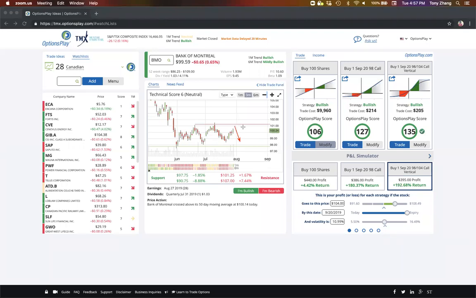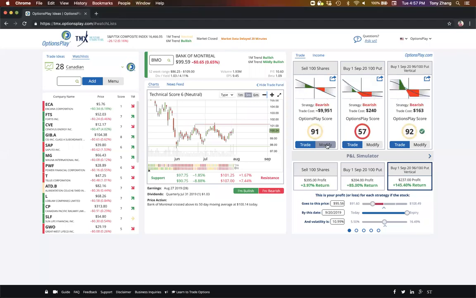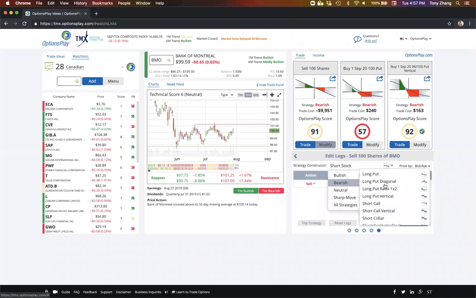When the stock rises up to that 101 level, I can sell a call credit spread. Or if the stock declines back to 98, I might be able to sell that put credit spread. So those are some ways that you can utilize OptionsPlay to look at these types of trades and say, okay, if I'm bearish on this trade, let me sell a credit spread.